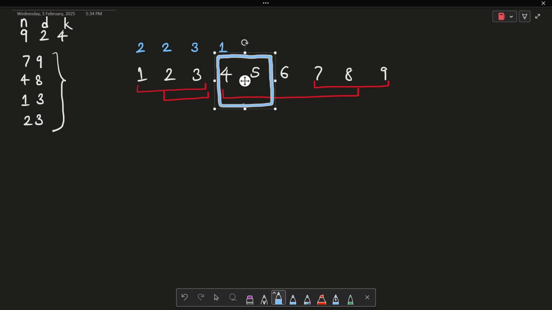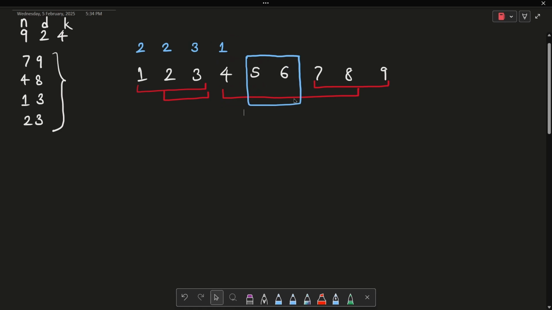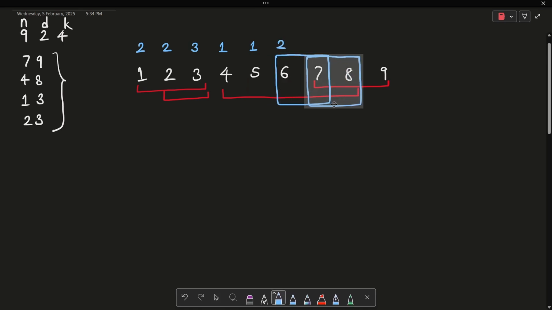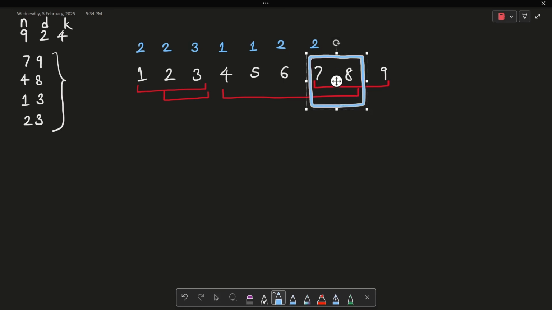If I move further, 5 and 6, again I have just 1 distinct job, so 1. And then let's move to the 6th and the 7th day. Now I have 2 distinct jobs, 1 and 2, right? Fine, let's move further. 7 and 8, again I have 2 distinct jobs, so I'll write here a 2. Then we'll move further.